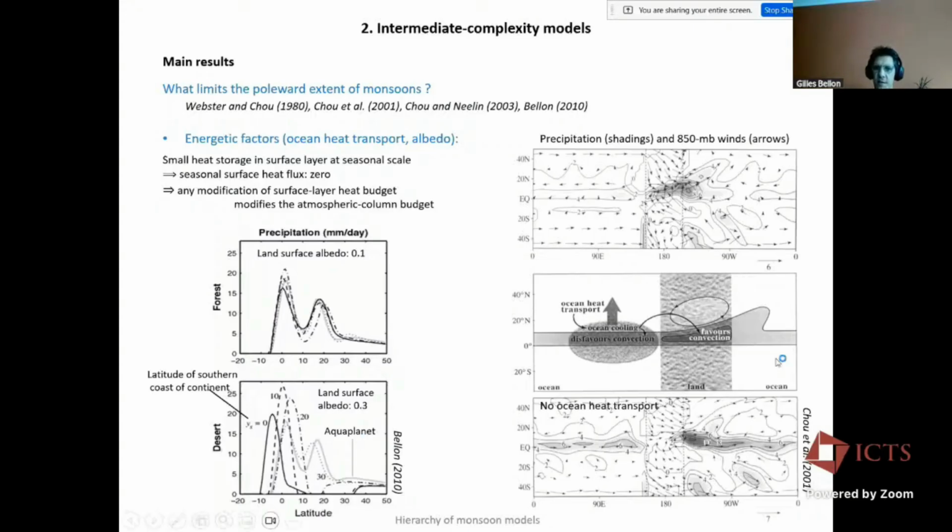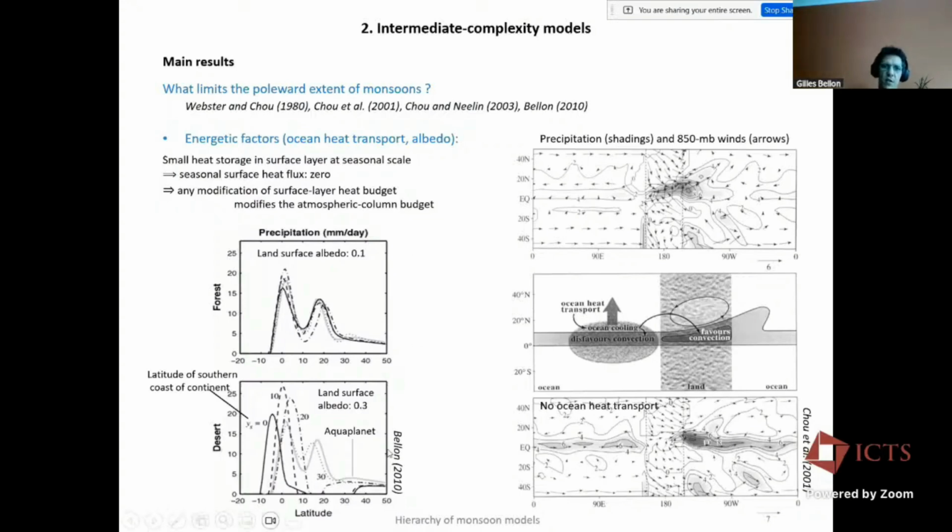Essentially, what I said a little earlier: where you have ocean heat transport, you have ocean cooling locally, and that disfavors convection compared to the land next to it, where the surface net heat flux is zero, and that favors convection there. So that's the first energetic factor that you could see.